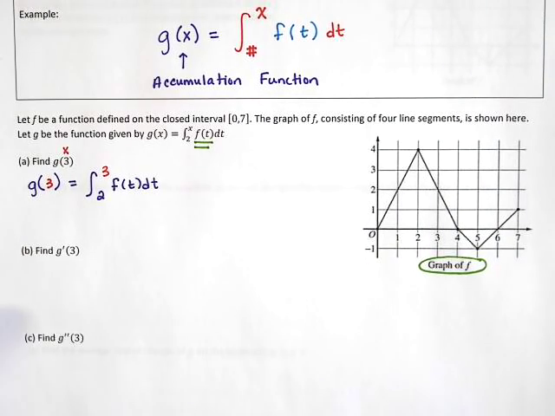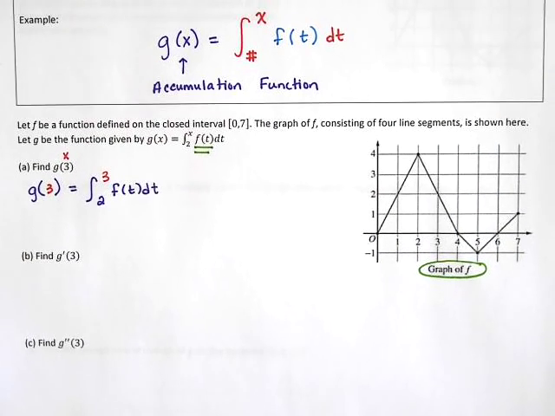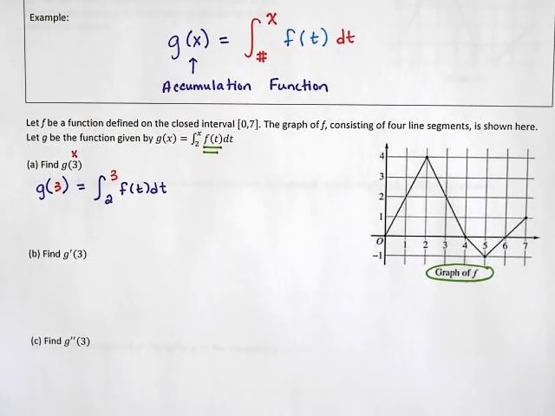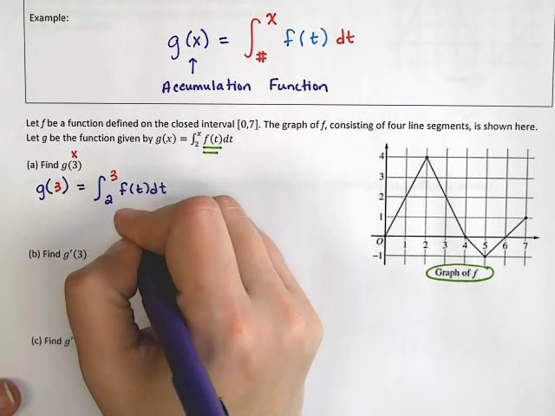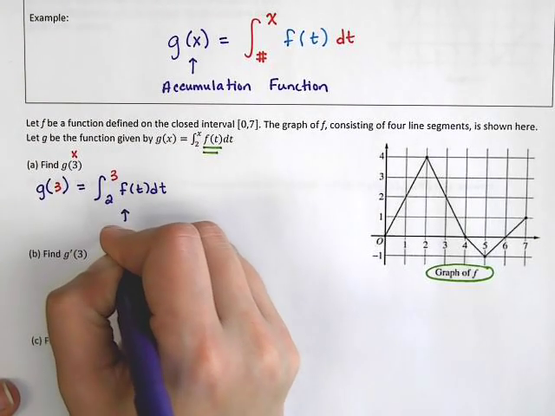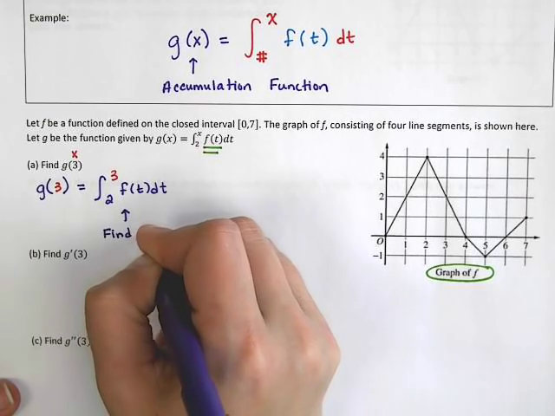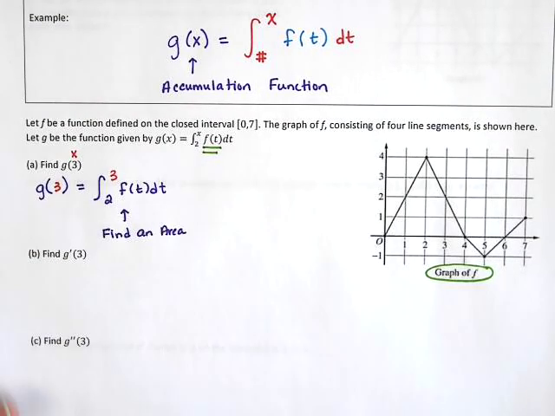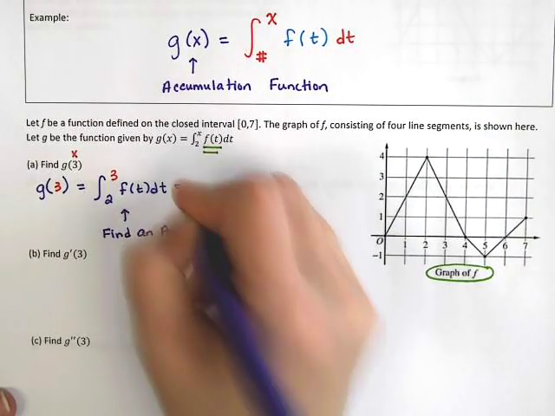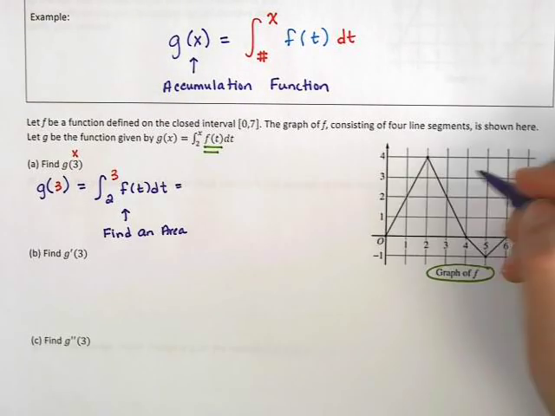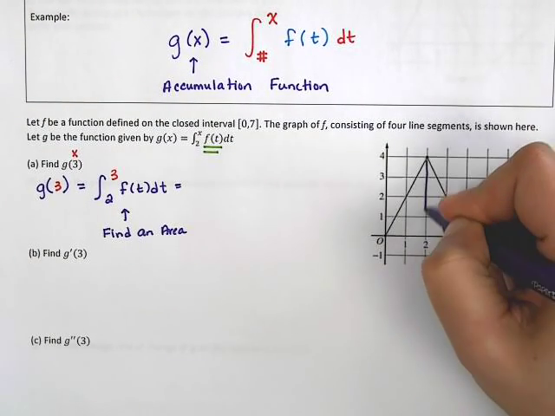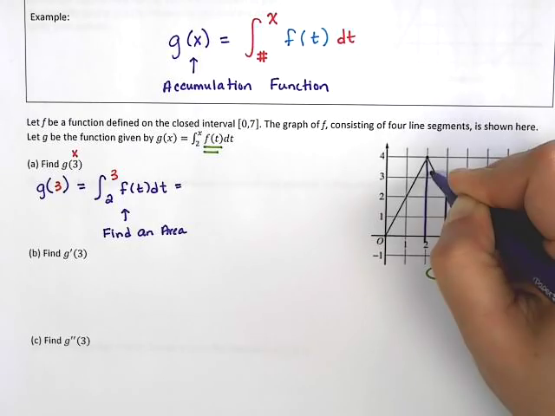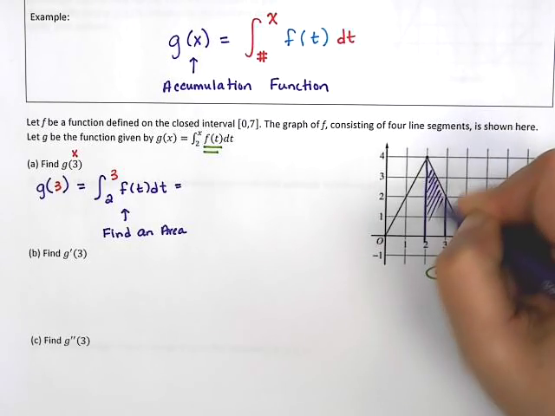So in other words, to calculate g of 3, I'm going to need to find an area of the graph that I'm looking at, because an integral means I need to find an area. So to do that, I would figure out what area exactly I'm looking at. The integral from 2 to 3 would be this area here in my picture.